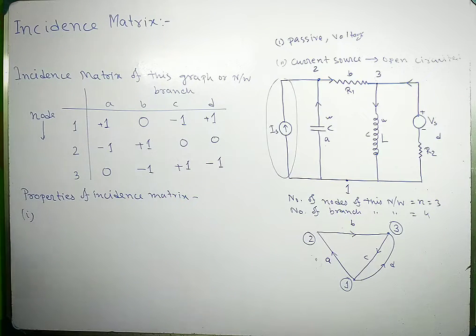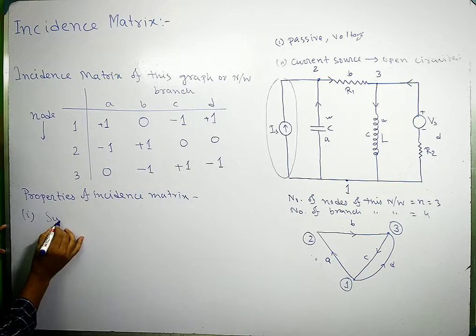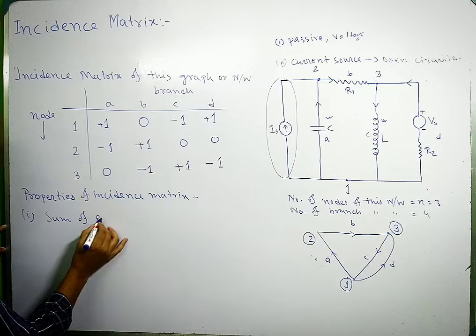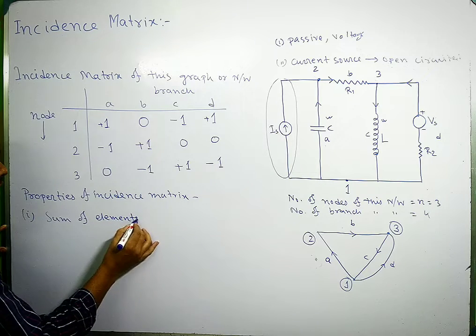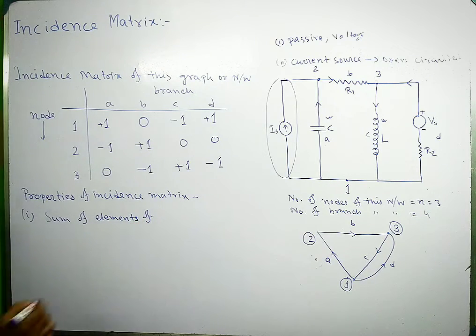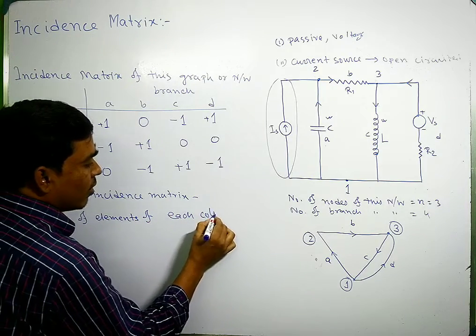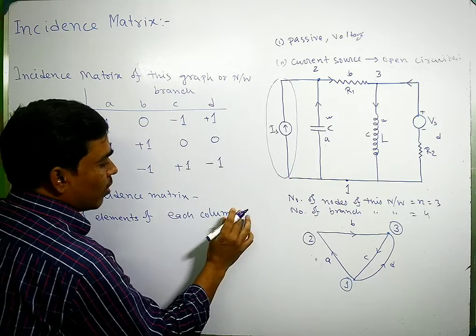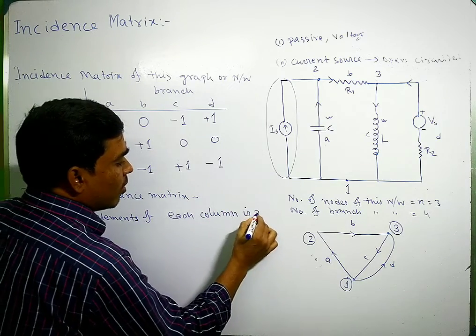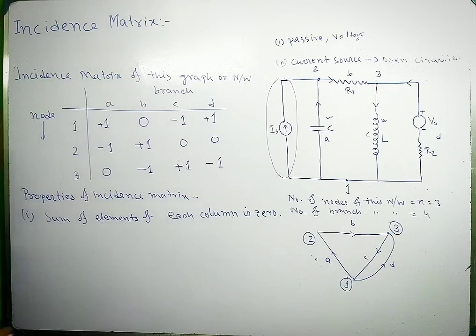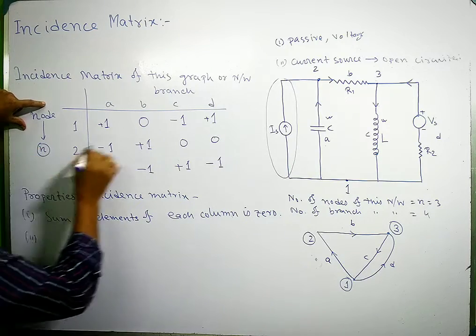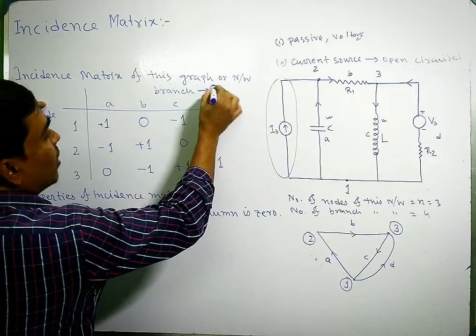So the property of the incidence matrix is that the sum of elements of each column is 0. This is number 1. Number 2, this is node and this is branch.